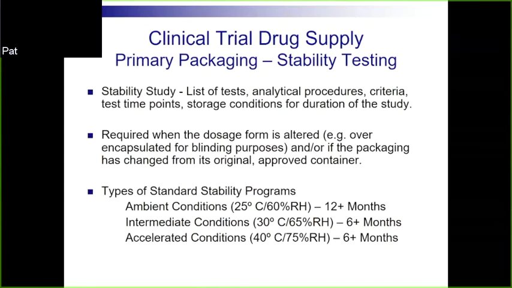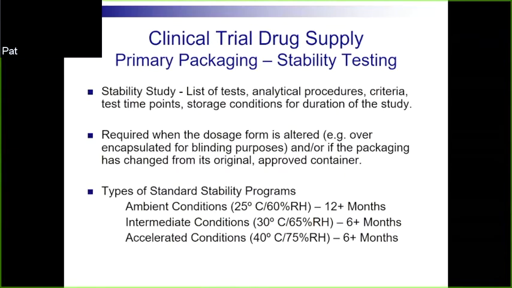And so the stability test is in place, and it's even in place in that example I keep referring to of over-encapsulated commercial product. The commercial product that we purchase from the wholesale level will have a fixed expiration date. When we over-encapsulate it and combine it with some inert ingredients, then we also have to do stability testing on that, because that fixed expiration date of the commercial product applied only to the original container that contained the commercial product.